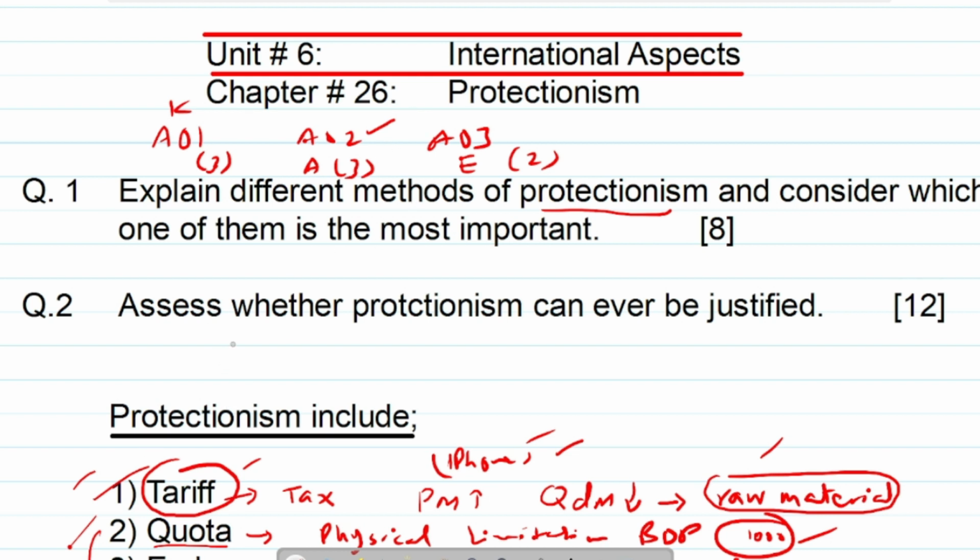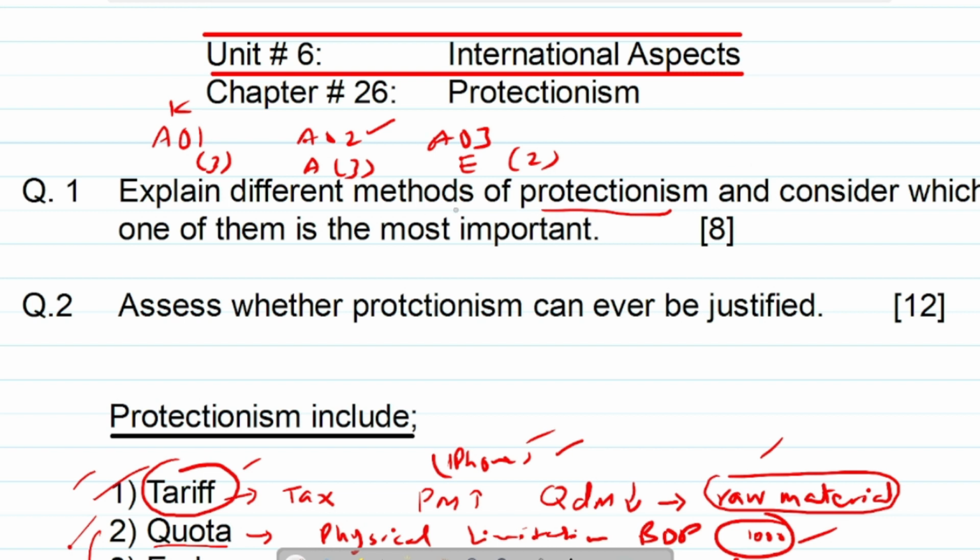And then quota, embargo, you have to explain at least 3 points that are used as protectionism, and how they can basically improve the economy in terms of protecting local young industry from international competition, as well as in terms of correcting balance of payment deficit.